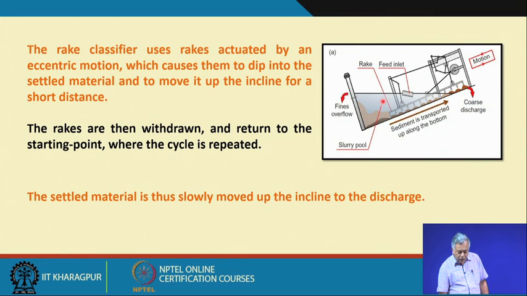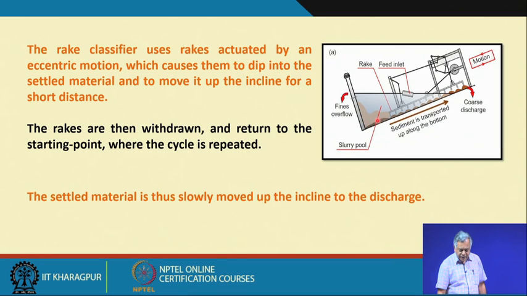And the relatively coarser particles, which are settled here or almost settled here, you have to take them out. So, here you have a rake which is mechanically driven, and that rake is transporting that material out from the system.